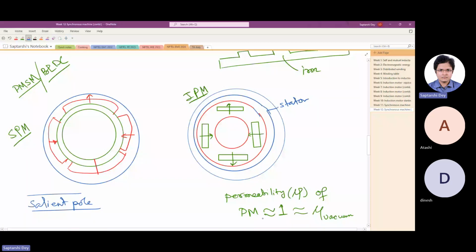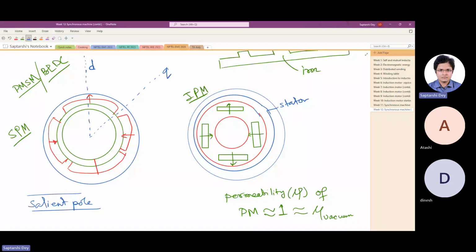That means in this case, this is the d-axis, and this is the q-axis. Does it surprise you that the d-axis and q-axis are not 90 degrees apart?